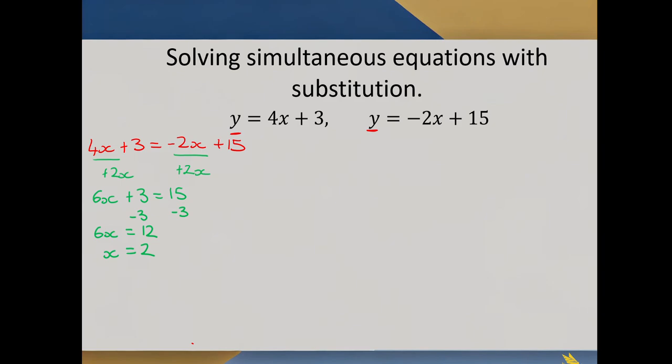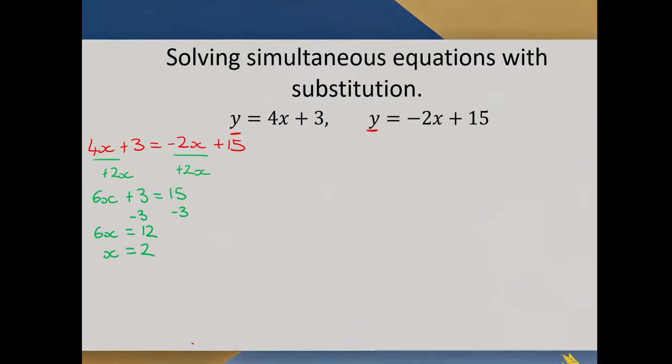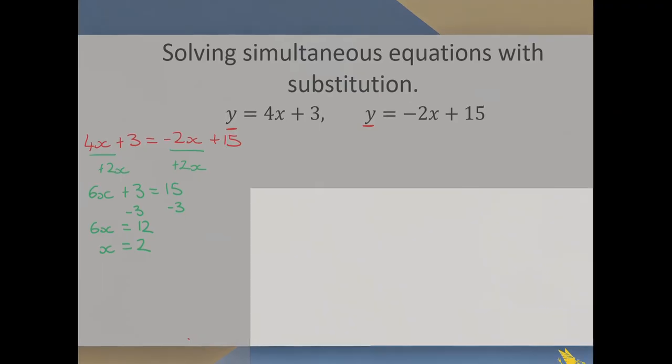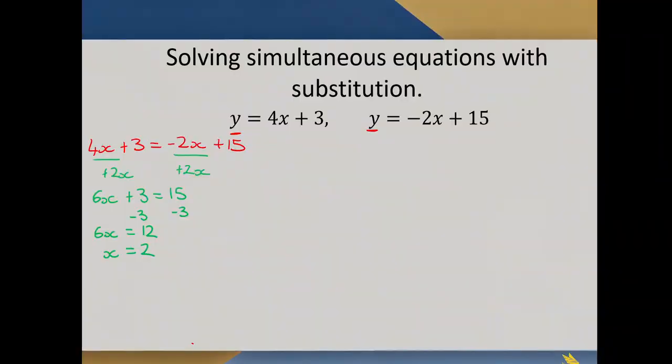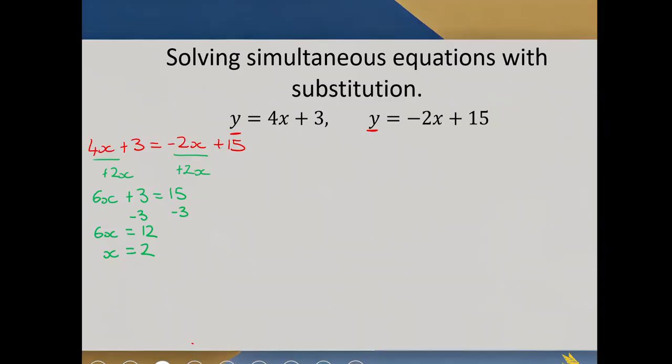Now I've done that, it doesn't matter what equation I pick, I'm just going to grab that x equals 2 and plug it into my equation.